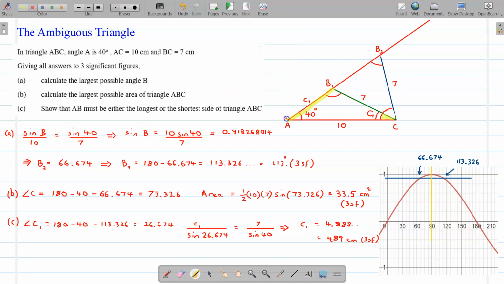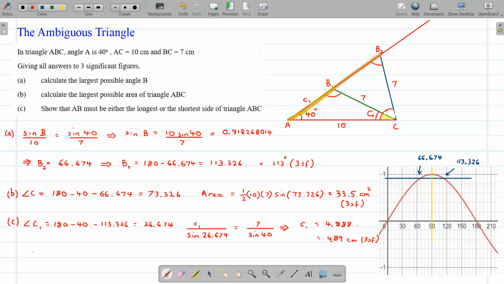This is not the best colour, let me try something a bit lighter, possibly this one here. Okay, it's not much better, but this time I'm finding the length c2, which is that orange line, the longer length.